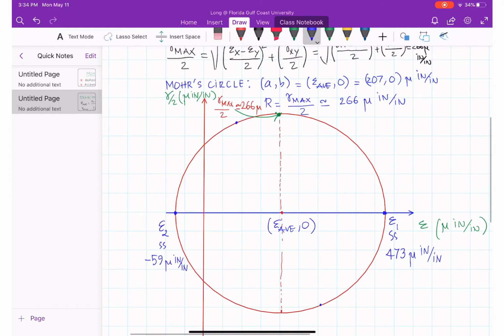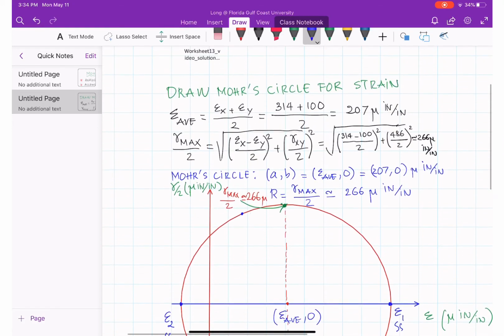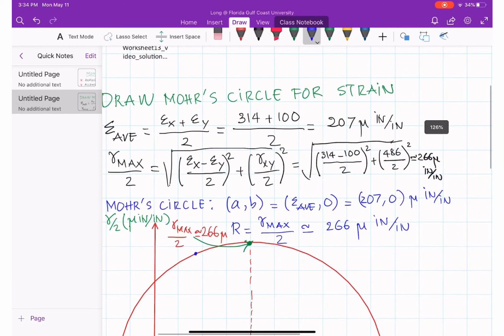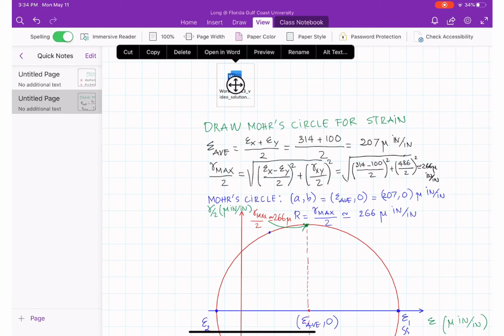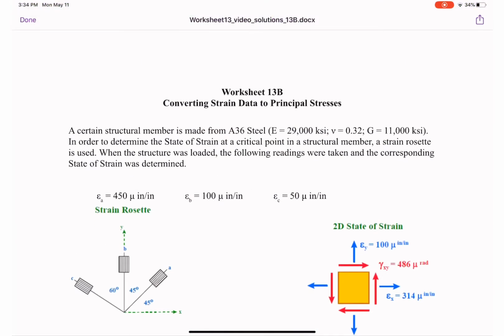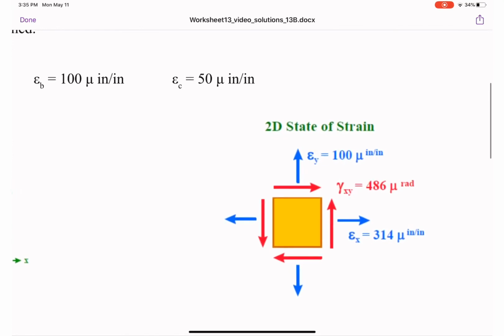And we can also locate the points on the circle that define the state of strain for the x plane and y plane. Let's review the problem's state of strain again. You can see epsilon x is 314 micro, and gamma xy is 486 micro.